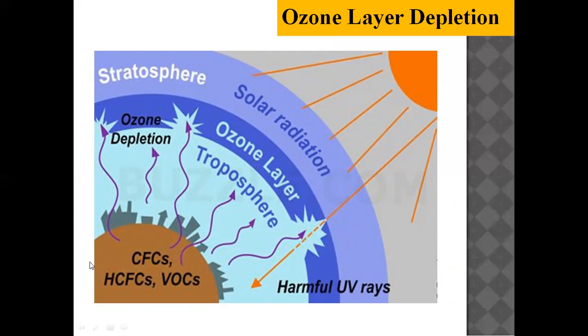Due to the increased rate of chlorofluorocarbons and some other volatile carbons, which react with this ozone, eventually the ozone is destroyed in this ozone layer of the stratosphere, and due to which a big hole is created on this layer.